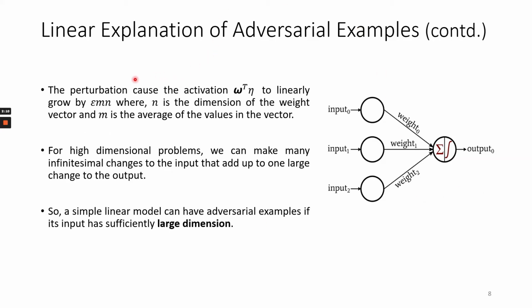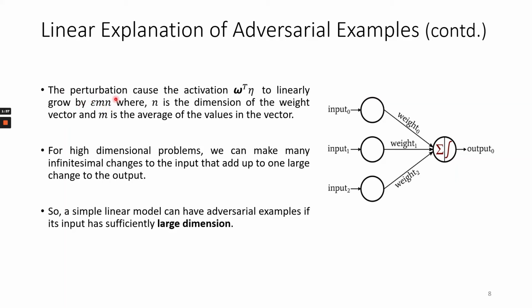As I've just said, omega transpose multiplied by the perturbation causes the activation to linearly grow by epsilon mn, where epsilon is the threshold that we mentioned in the previous slide, n is the dimension of the weight vector, and m is the average of the values in the weight vector itself. So we can see that the perturbation grows in a linear fashion.